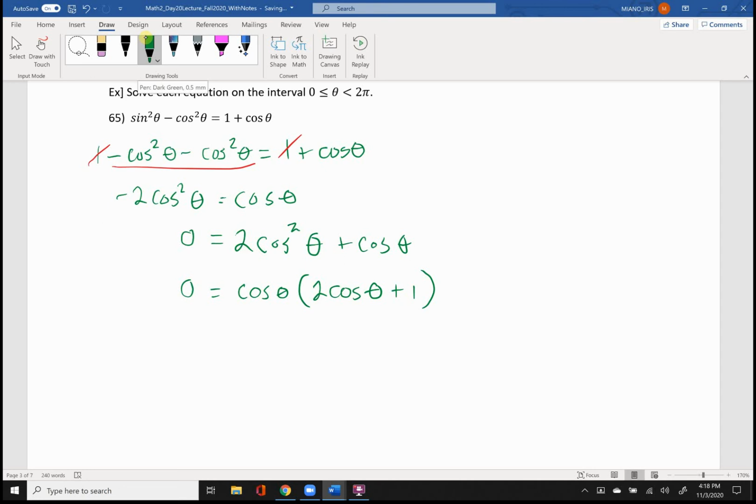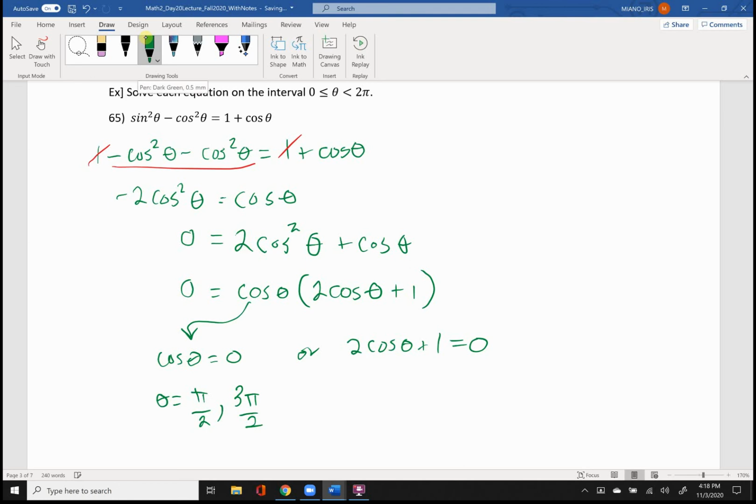So using the zero product principle, either cosine theta has to equal 0 or 2 cosine theta plus 1 equals 0. So here, for what theta does the cosine equal 0? Well, that'll be at theta equaling pi over 2 and 3 pi over 2.